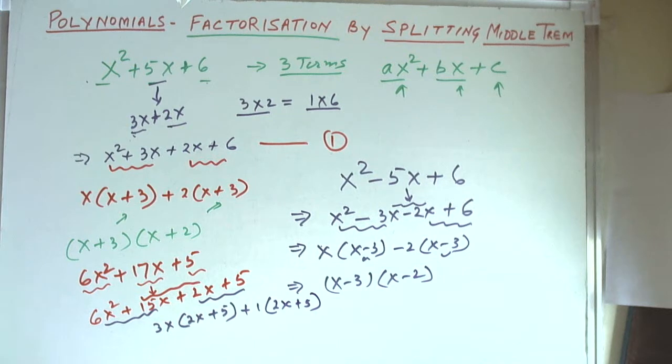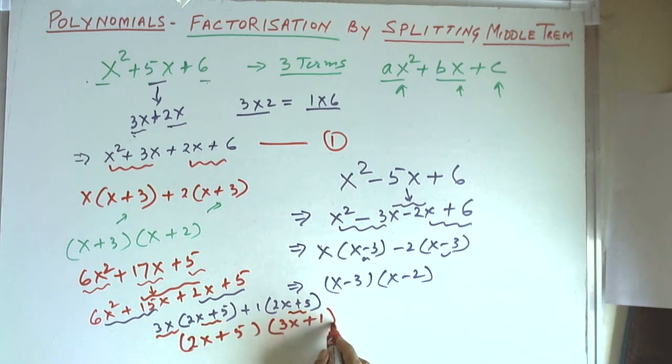Now 2x plus 5 is common, so we take 2x plus 5, and then here we are left with 3x plus 1.